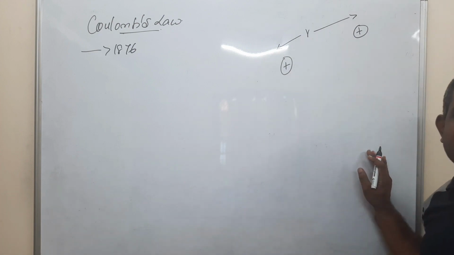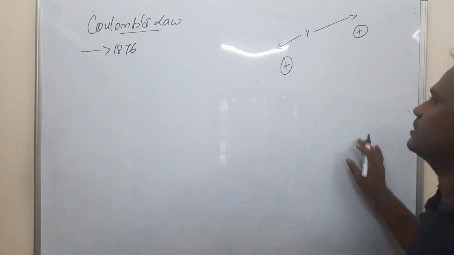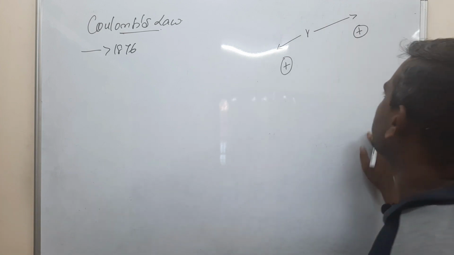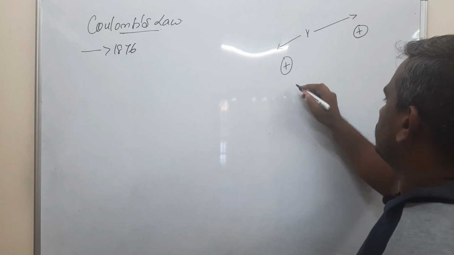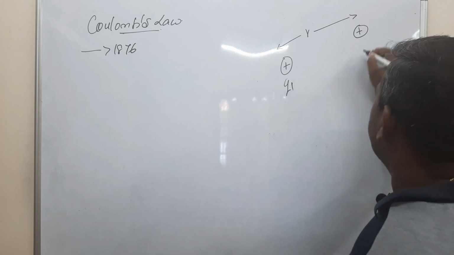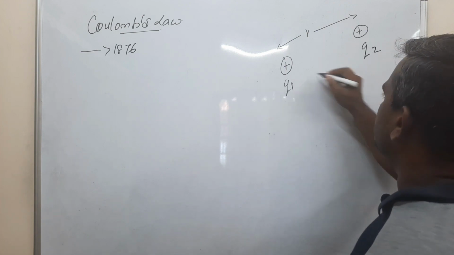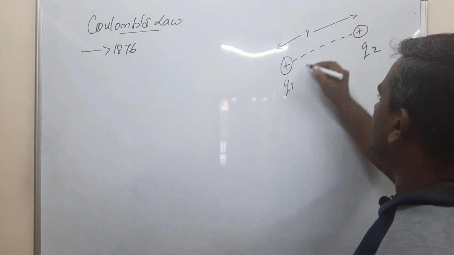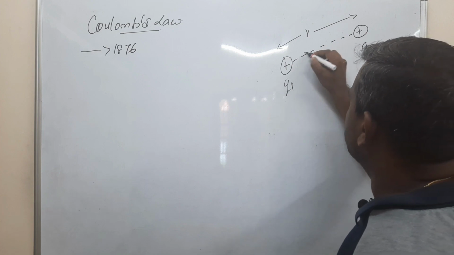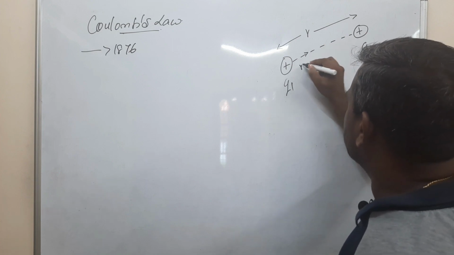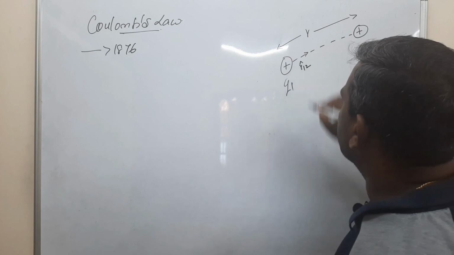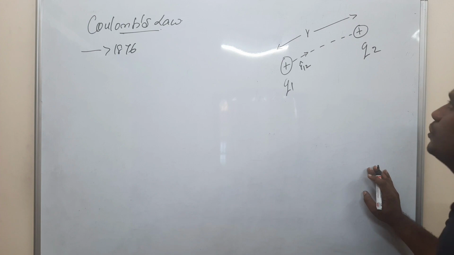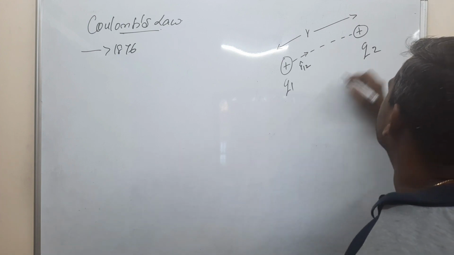We have taken two point charges, positive charges, and the distance between the two charges is taken as r distance. Okay, so this is Q1, this is Q2. The unit vector from Q1 to Q2 is taken as r12 cap. So the unit vector between the two charges Q1 and Q2 is r12 cap.